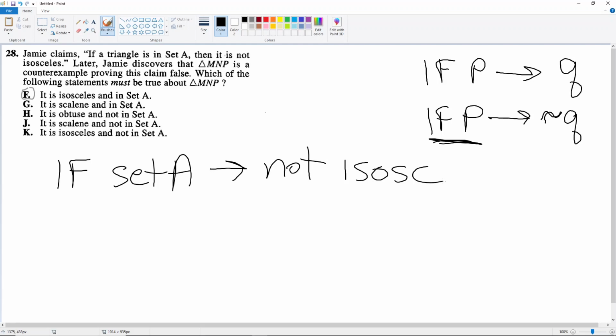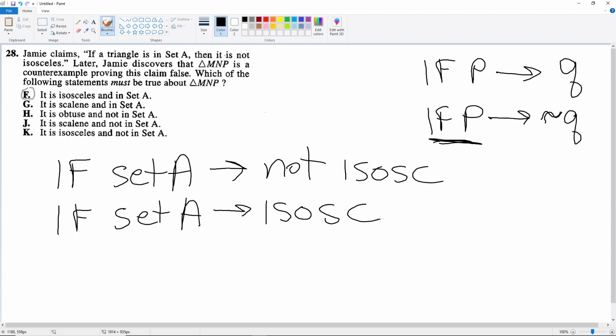So in order to have a counterexample, I need if P, then not Q. So I still have to be in set A. I'm still talking about set A, because I want to show that what you said before, if set A then not isosceles, is not true. So we're still in set A, still if P. Now I want it to be not isosceles. Well, something that is not not isosceles means it is isosceles.